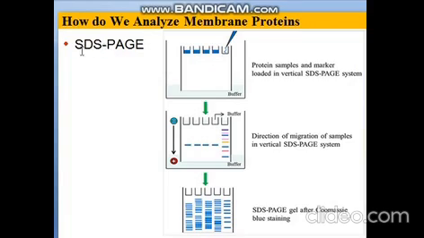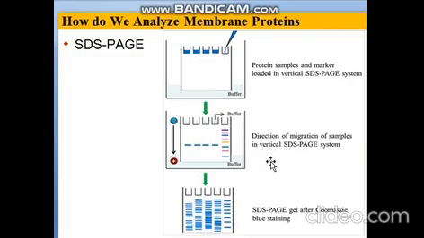The SDS-PAGE, sodium dodecyl sulfate polyacrylamide gel electrophoresis, is abbreviated as SDS-PAGE. It is a technique used for the analysis of proteins.